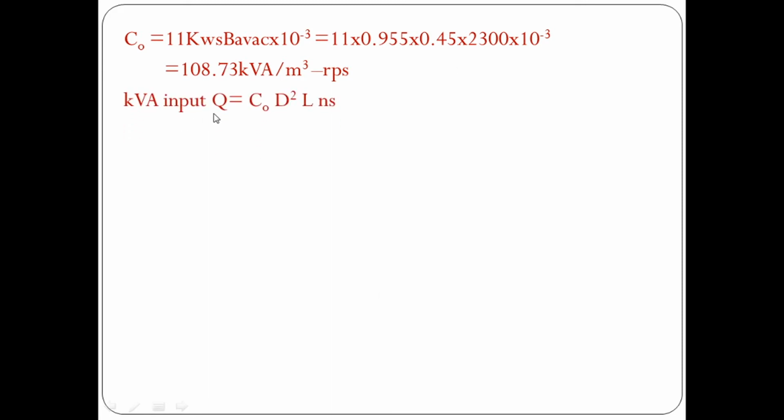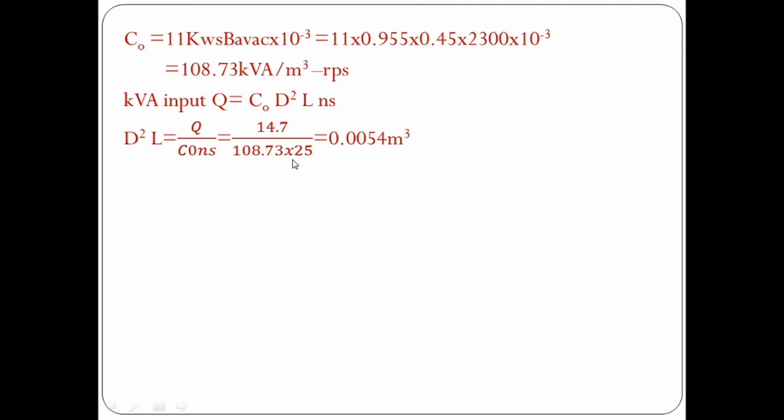The output equation of the induction motor is Q equal to C naught into D square into L into Ns. Substituting, D square L is equal to Q divided by C naught into Ns. Q is 14.7 divided by 108.73 into 25, where Ns is 25.